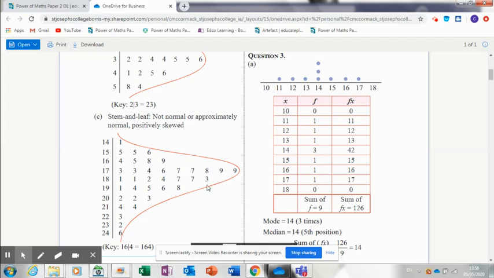Because you can see that if it was normal, it should be ending around here. It's not. There's a tail going out. So if you turn your copy around, you'll see that it's extending out here. So therefore, it's not normal. The tail is going out to the right if you flip your copy around, and so it's positively skewed. Okay, question 2.